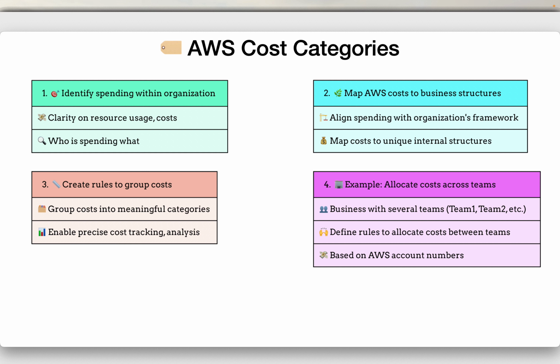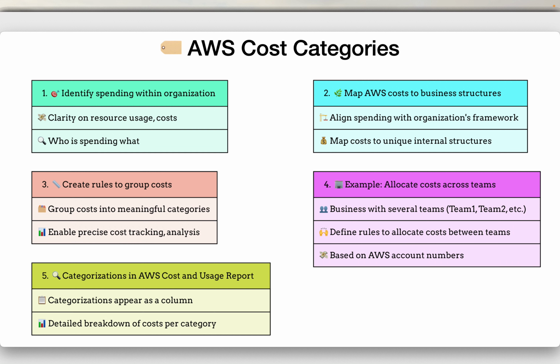So let's say I have 10 teams, and team 1, 2, 3 are in account 1. I put them in one cost category, you can put a key or a label, and those can belong to a single category. So based on account number, I can group them, and I can see the cost based on the cost categories.